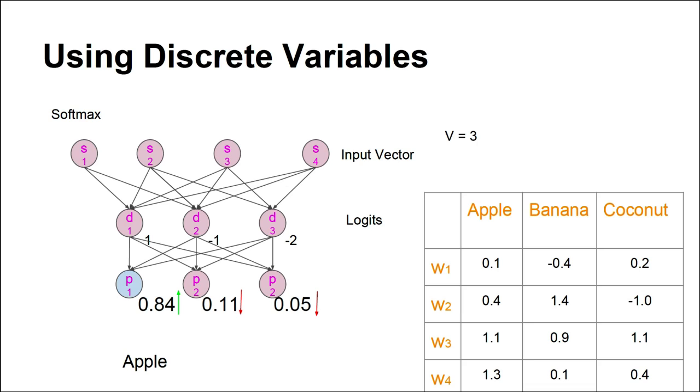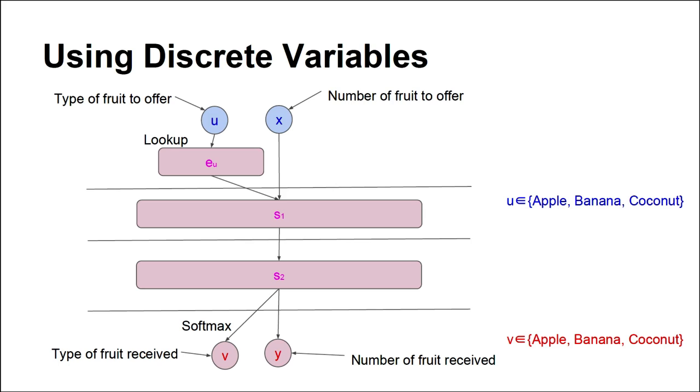What will happen is that because of that division, not only will the model update itself so that the probability of the apples gets higher, but it will also update the other ones to be lower. And basically, now we can build a model that takes the number of fruit and the type of fruit, and returns the number of fruit and the type of fruit that the Cookie Monster will give back.